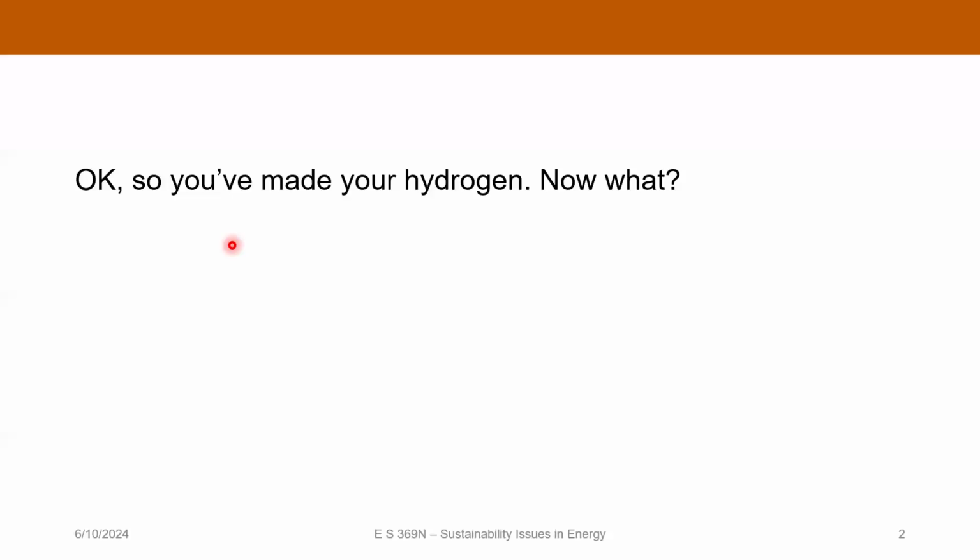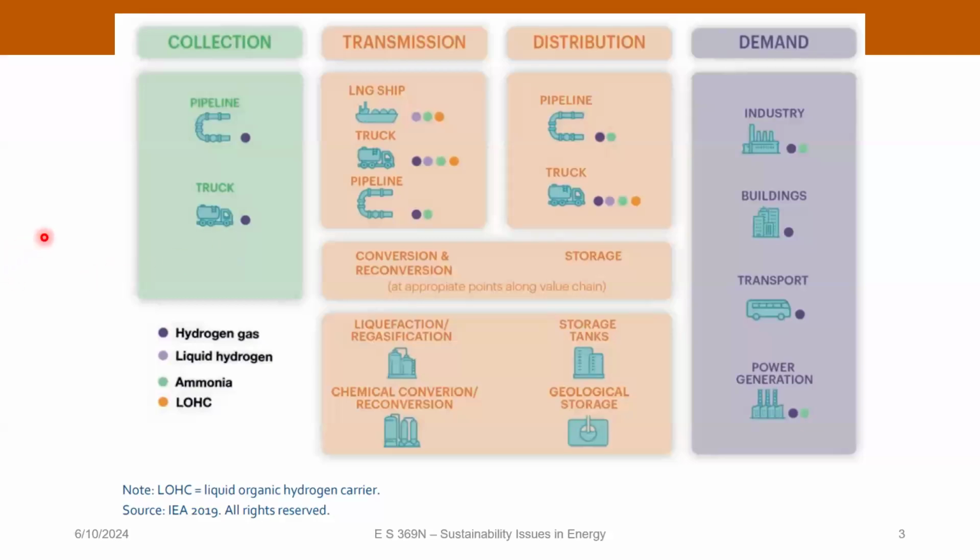Here's this figure from the IEA, and you can see that they're listing a number of different techniques for collecting the hydrogen and then either transmission or distribution to the end user. Each one of these methods is color coded by the form of hydrogen that you can use for that particular technique.